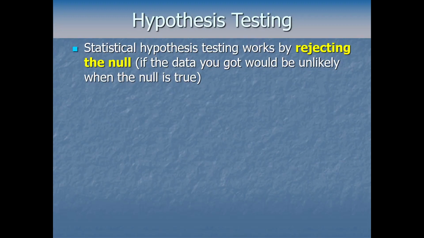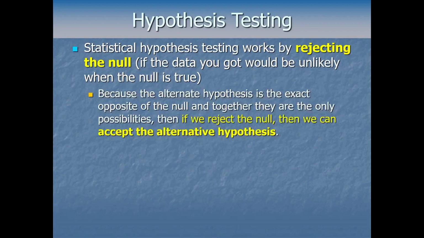Like rejecting the null hypothesis if the data that you got would be unlikely when the null is true. And because the alternative hypothesis is the exact opposite of the null, and together they're the only possibilities, then if we can reject the null hypothesis, then we can accept the alternative hypothesis. So if we reject the null, then we are saying we do think Memorex works. We do think the drug improves memory.